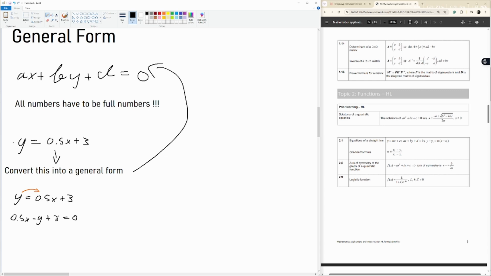And then you notice something weird: there's 0.5, and I said not to have fractions or decimals in your general form, therefore you multiply everything by 2 and you get x minus 2y plus 6 is equal to 0.